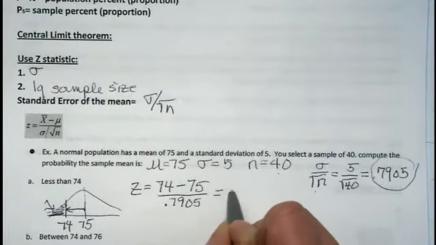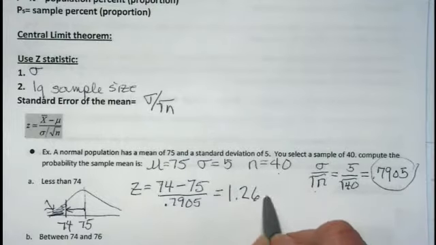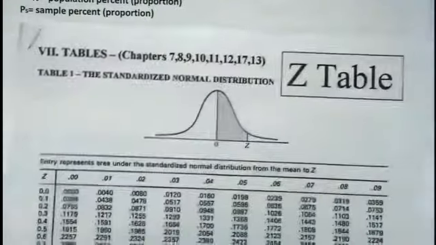When I do that calculation, I get a Z of 1.26 approximately. I look it up in my Z table. You should be very comfortable now looking it up in your Z table.